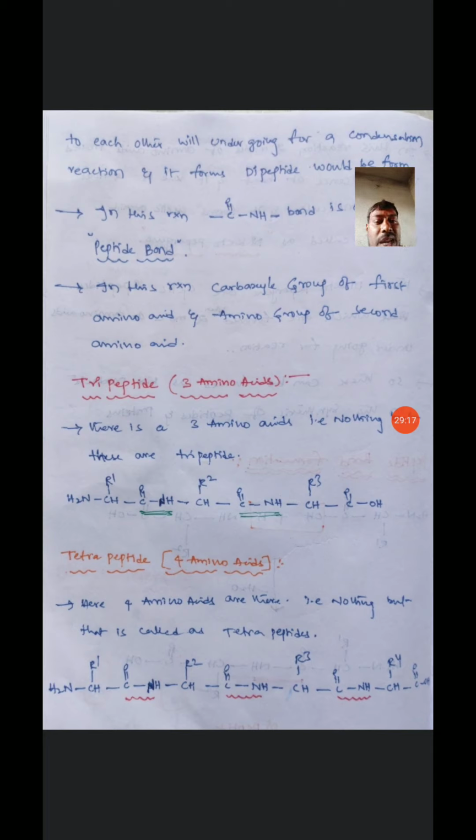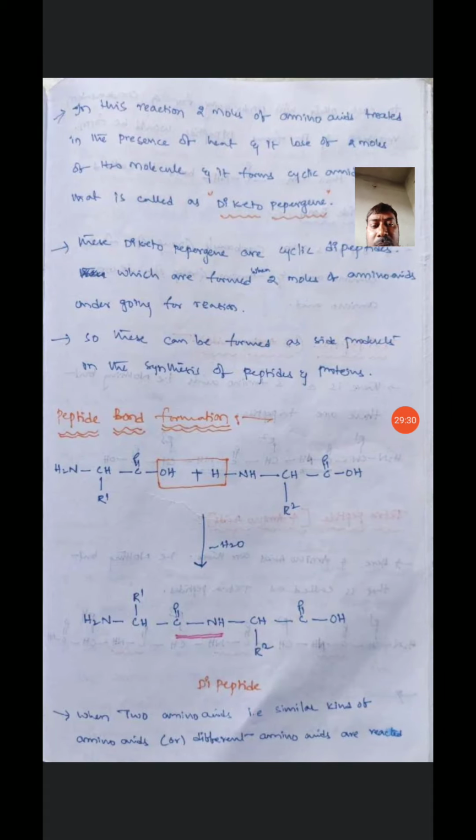In this reaction, the carboxylic group of the first amino acid and the amino group of the second amino acid form the bond. Here NH2CHR C=O OH is the first amino acid, and NH2CHR2 C=O OH is the second amino acid.